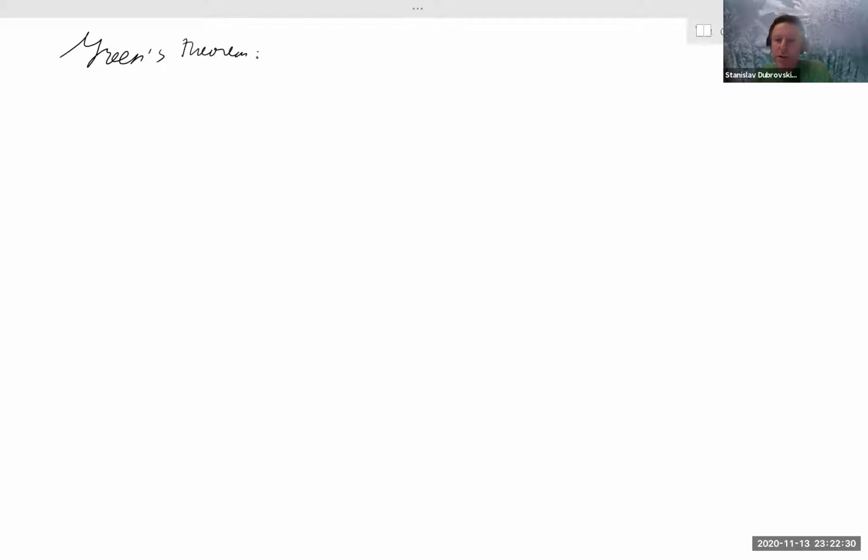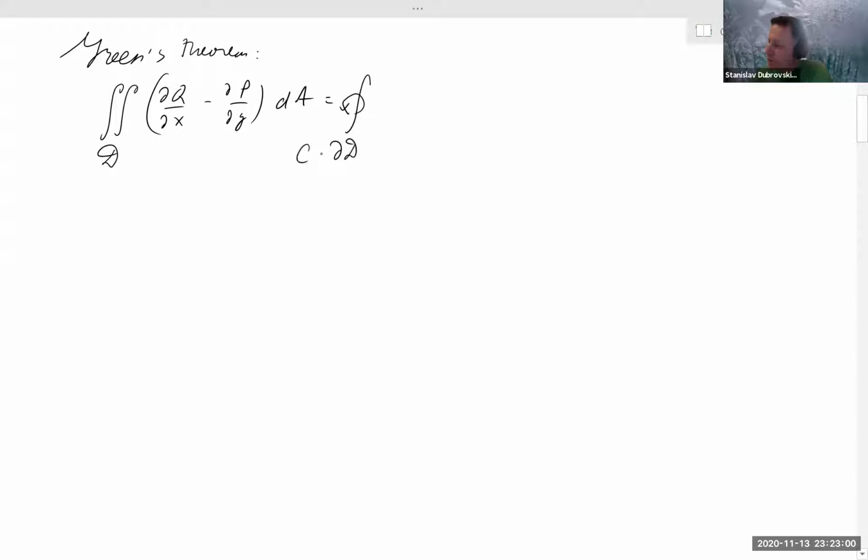It just relates a double integral over the region in the xy plane of some combination of partial derivatives of your vector field, namely dQ/dx minus dP/dy, dA, with the line integral over the boundary of the region, so the curve, which is the boundary of the region, of P dx plus Q dy, the work done by your vector field.